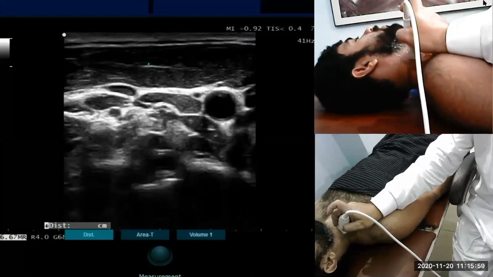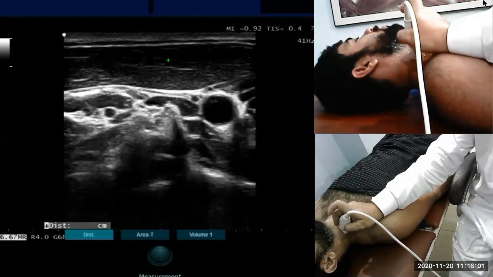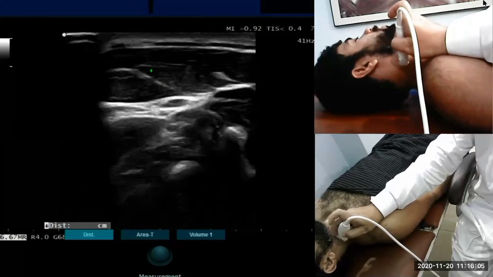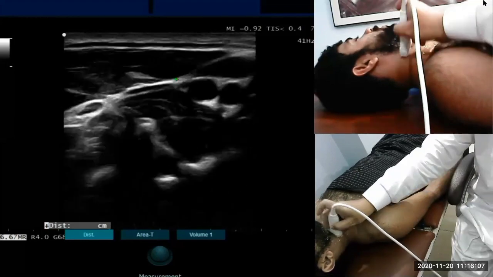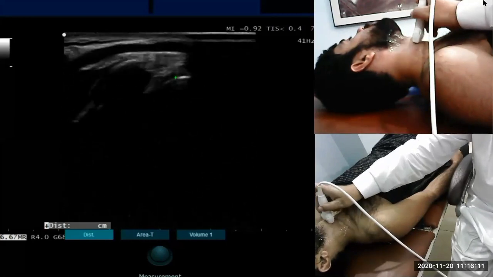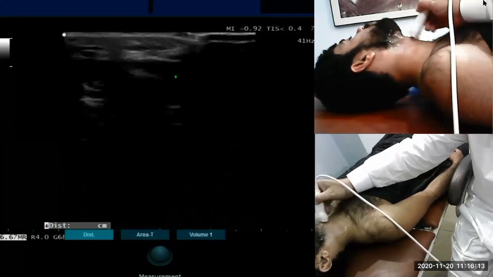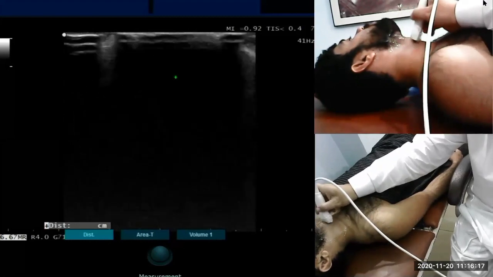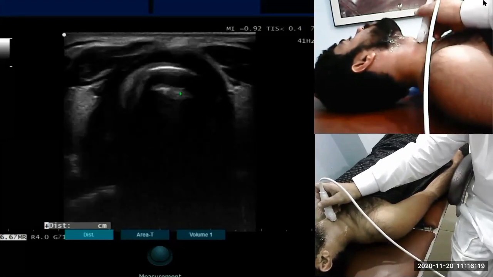You can see here the sternocleidomastoid muscle, and now I am going into the midline to see the trachea.